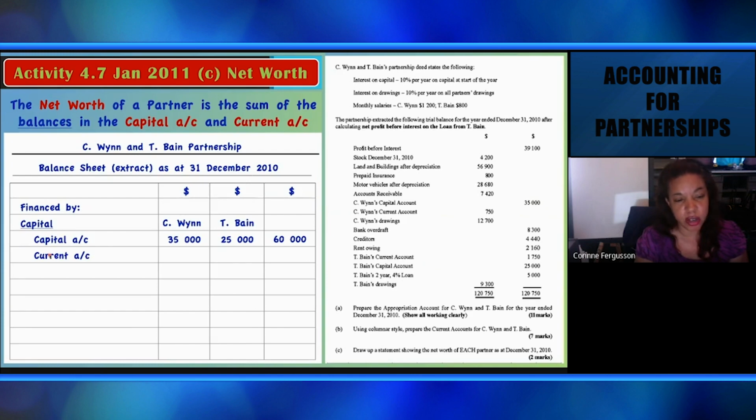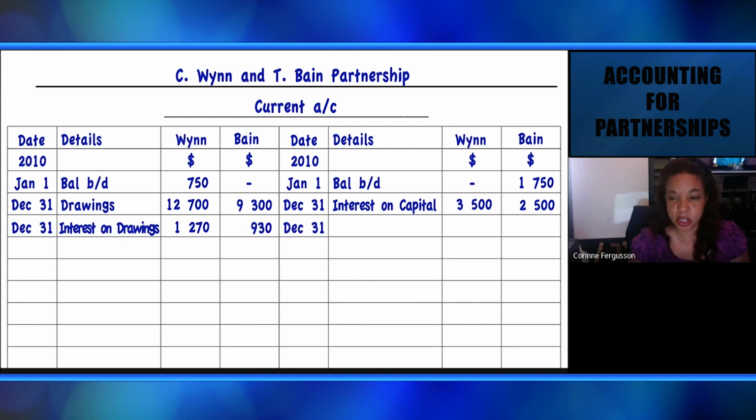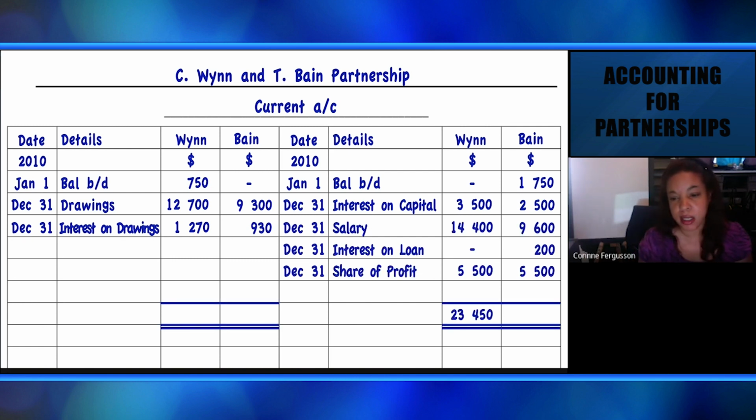And then you go to your current account. Your current account balance is no longer what is in your trial balance. The balance that you would use for your balance sheet would be the new balance that you calculated when you did your current account.